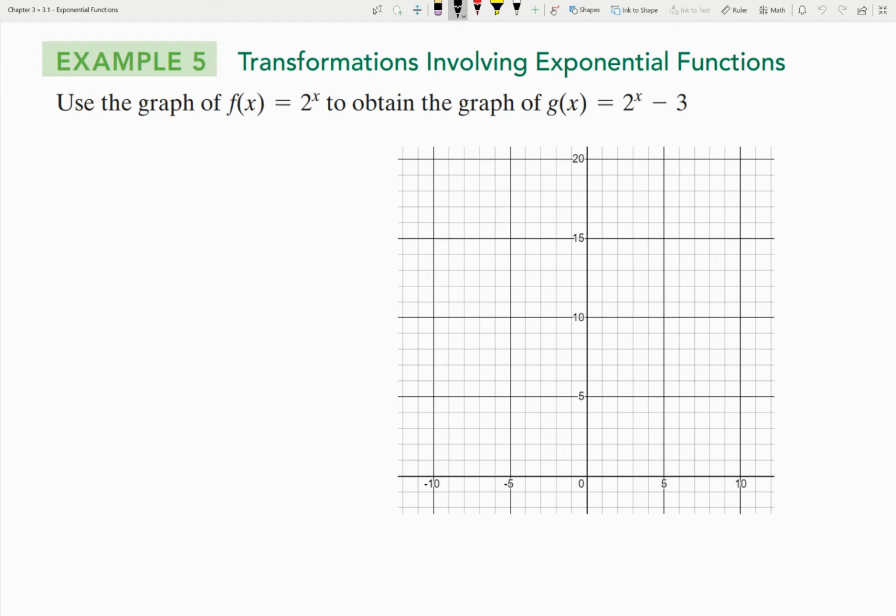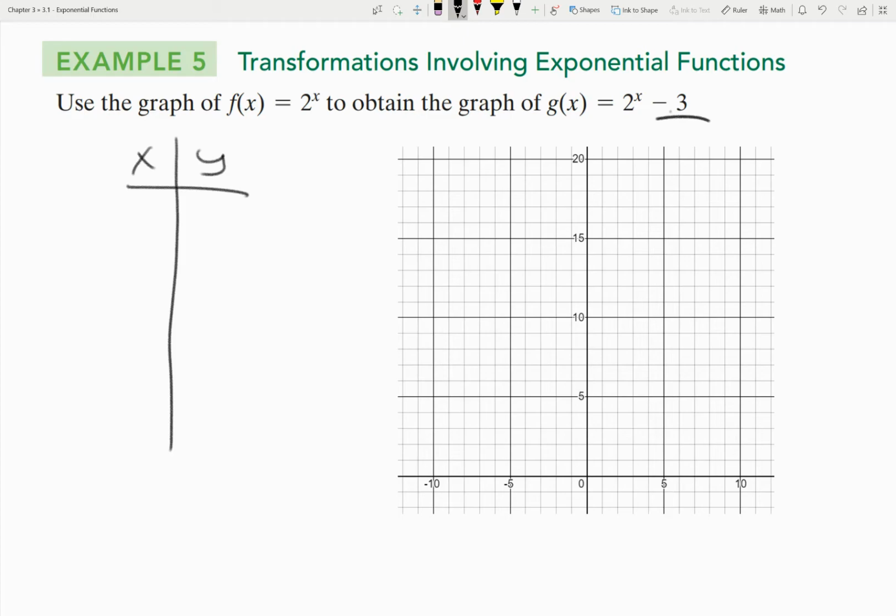That's okay. So if we have a number on the outside, now that shifts the function down 3. So again, might as well just make a table for this. Plug in your numbers, and you're going to need some negative numbers.